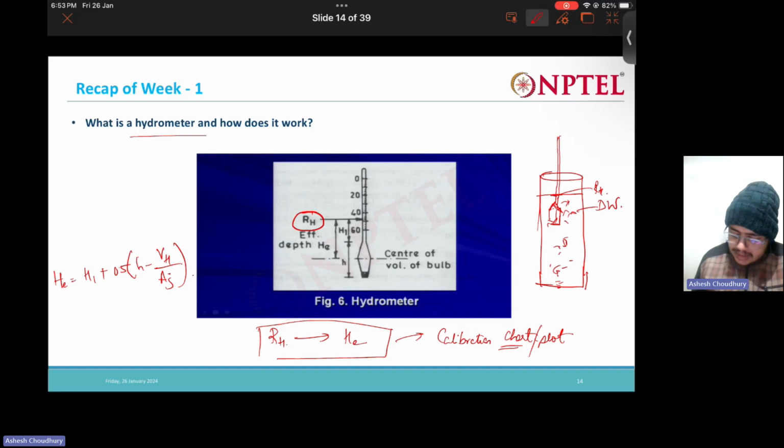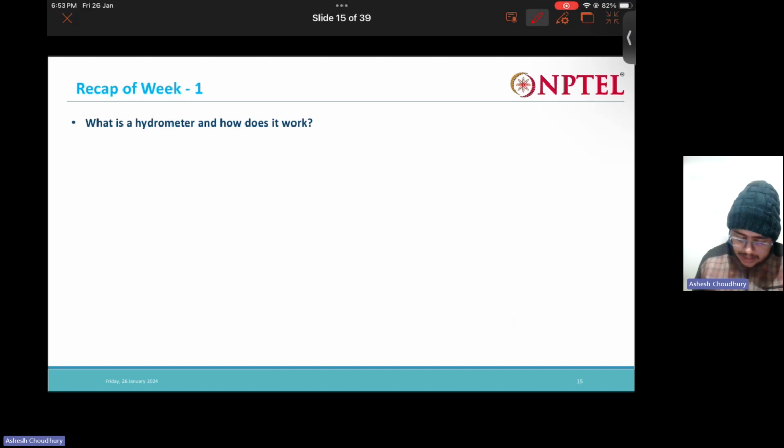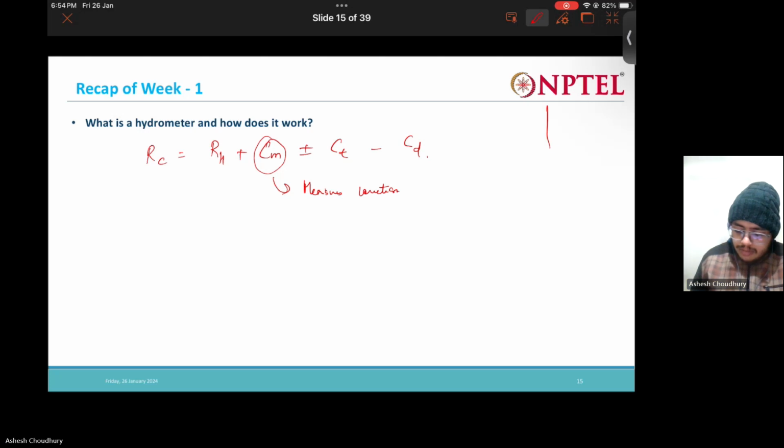Now, after we read the RH from here, we need to correct it. So the corrected hydrometer reading is the RH plus Cm plus or minus Ct minus Cd. Cm is the meniscus correction. So there is a jar, you have a tube like this, and you have the water, right?